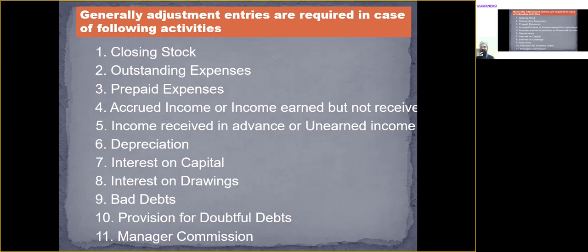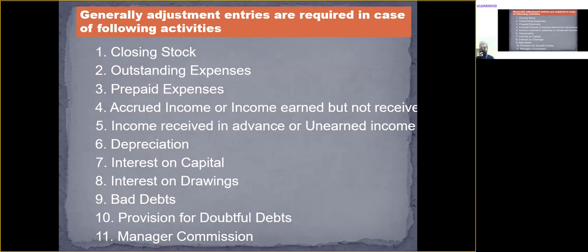So basically, in the question, we have information regarding these items. We already know how to deal with information regarding the closing stock, but we haven't learned how to deal with the outstanding expenses, prepaid expenses, accrued income, and all of these items. So we will be talking about these items one by one.